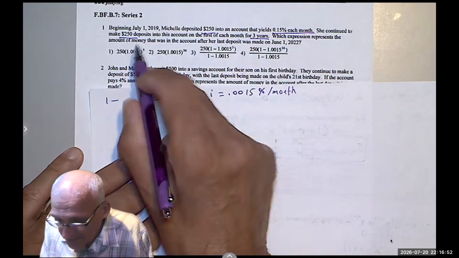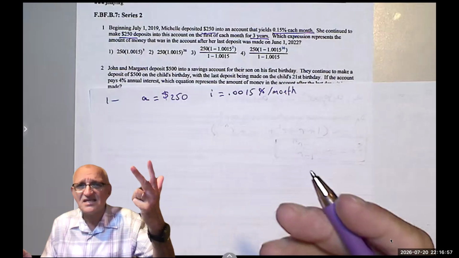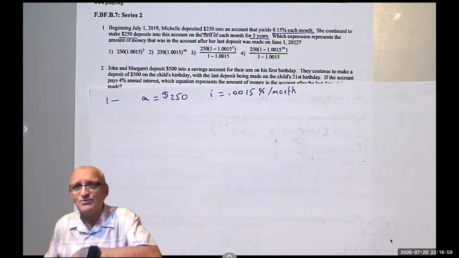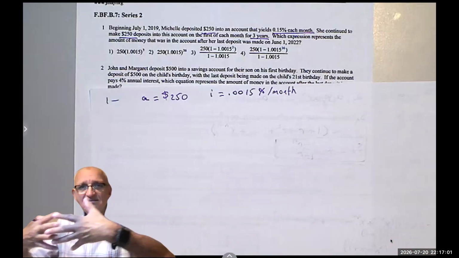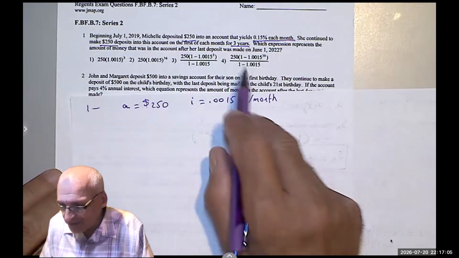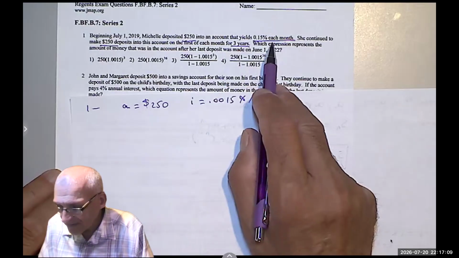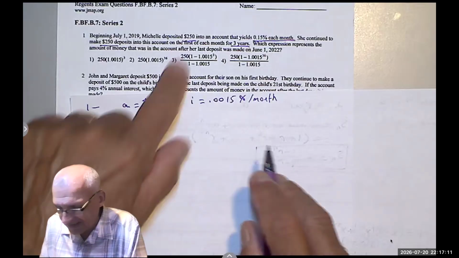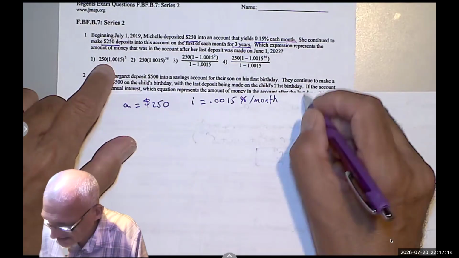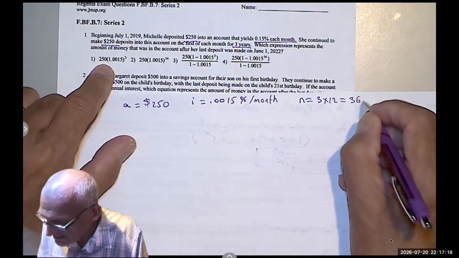Because she's depositing the money every month. I cannot use 3 as years and the deposit per month, they don't match, right? So I have to multiply the years. N here is 3 times 12 or 36 months.